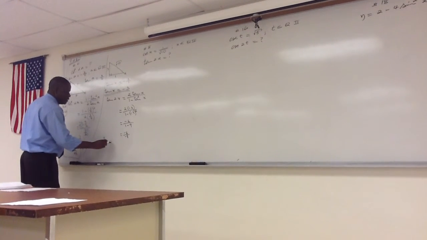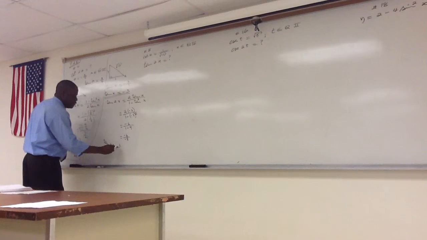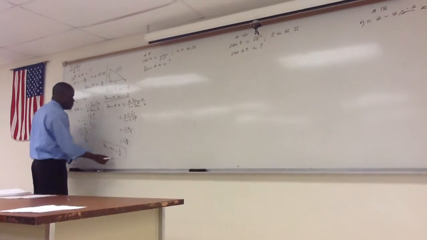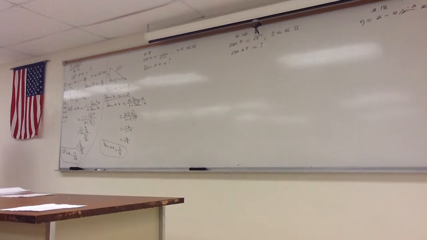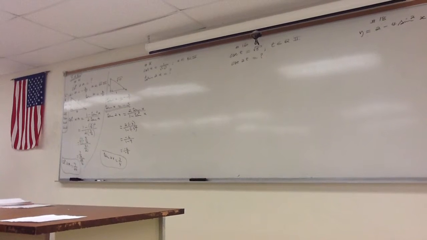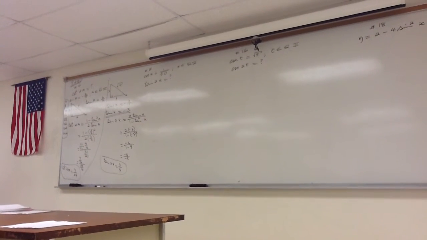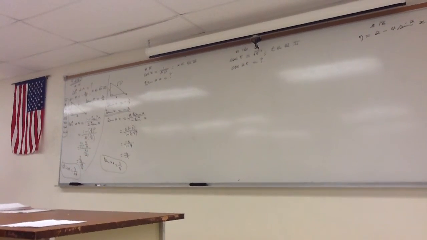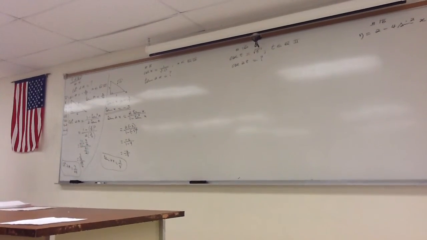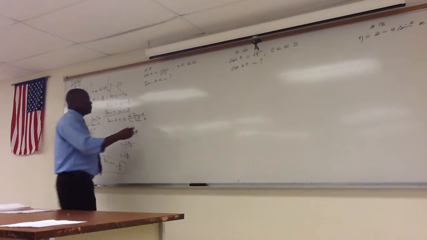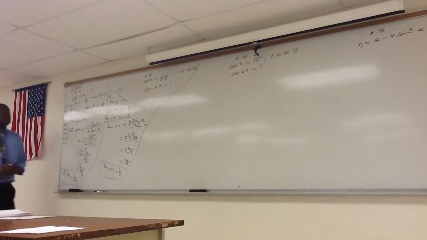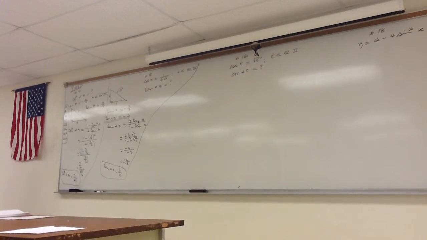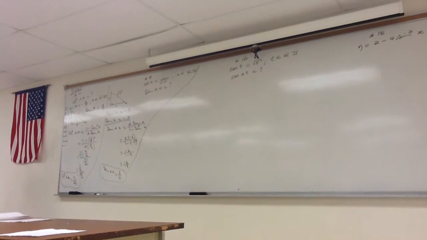So we'll conclude that tangent of 2x is nothing but 3/4. Questions? Okay. That was number 8.